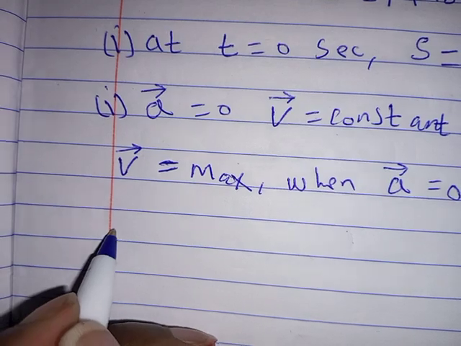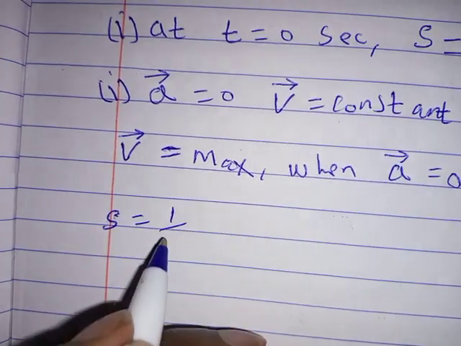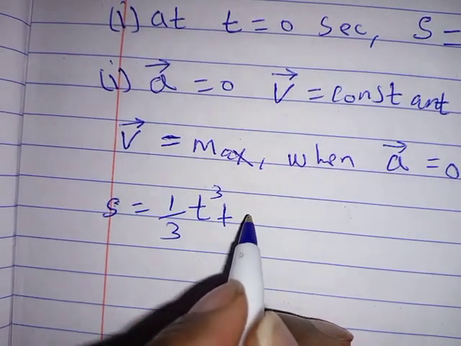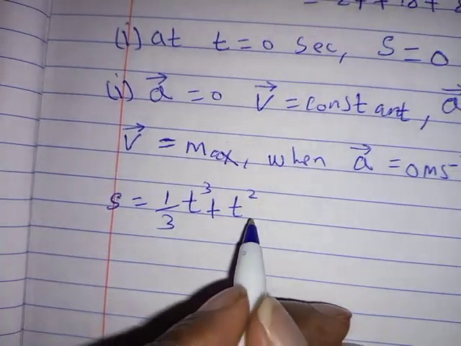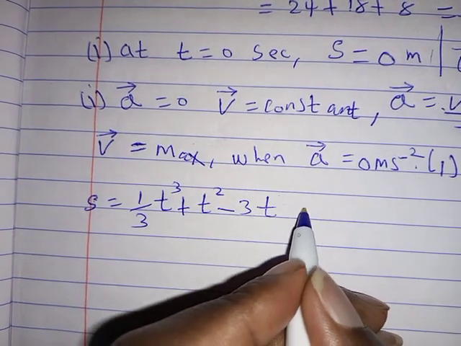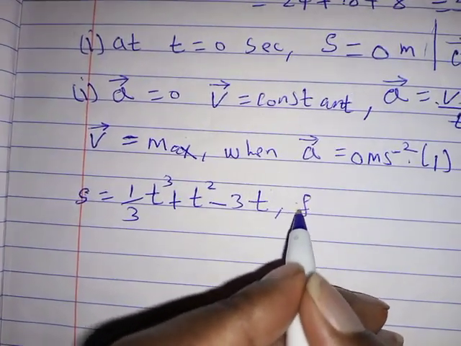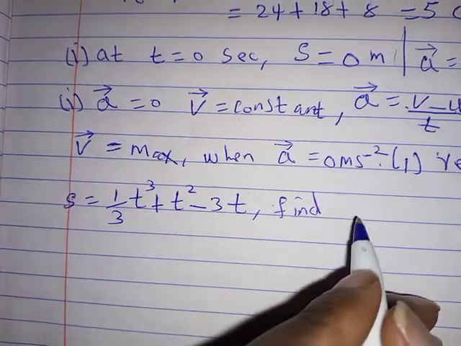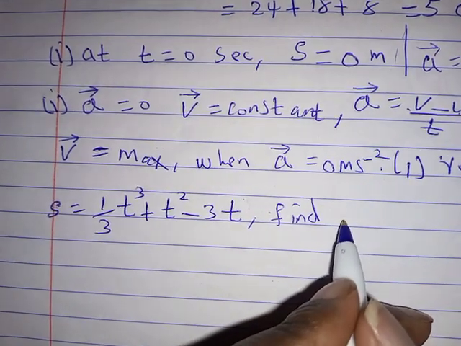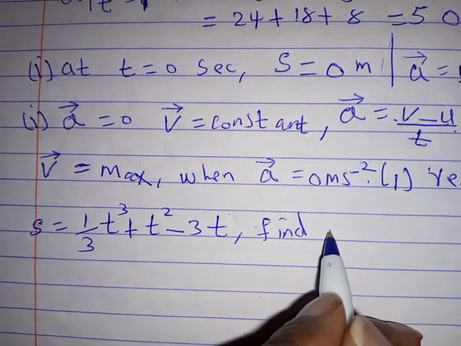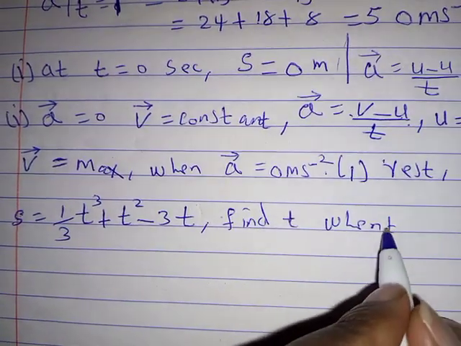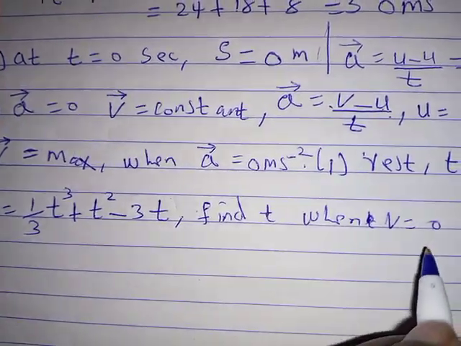Given that s is equal to 1 over 3 t cubed plus t squared minus 3t, here you are told to find t when v is equal to 0.